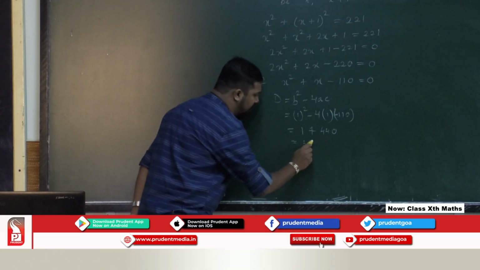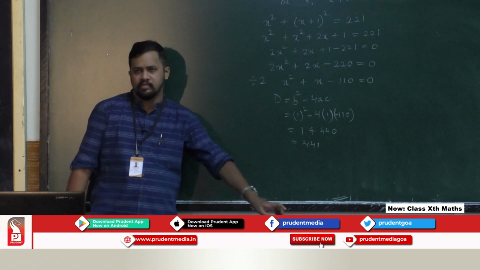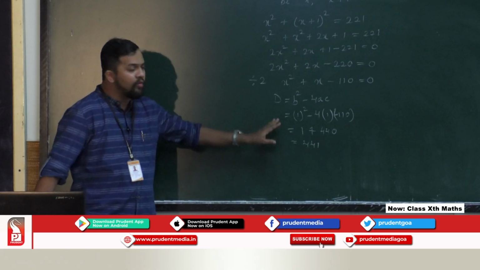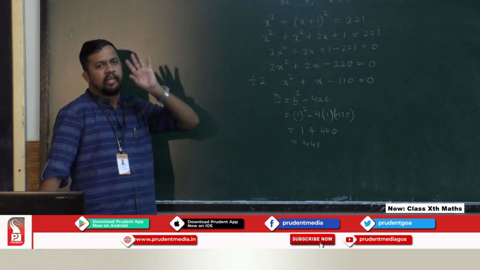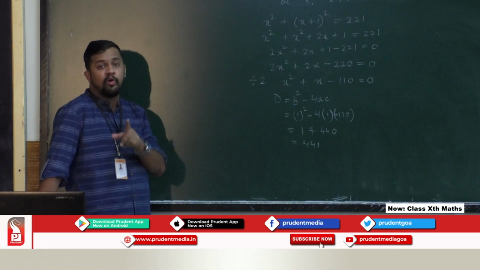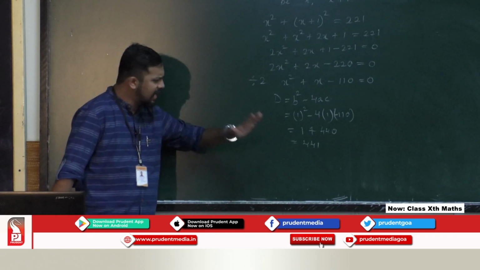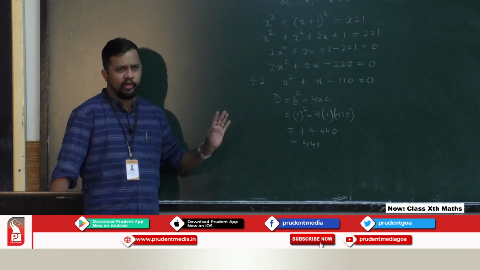So I'll get 441. And remember, in word problems, the D value will always be a perfect square. Yesterday we did irrational as well as rational, but here you will not get irrational, you will get exactly a perfect square, that is 441.